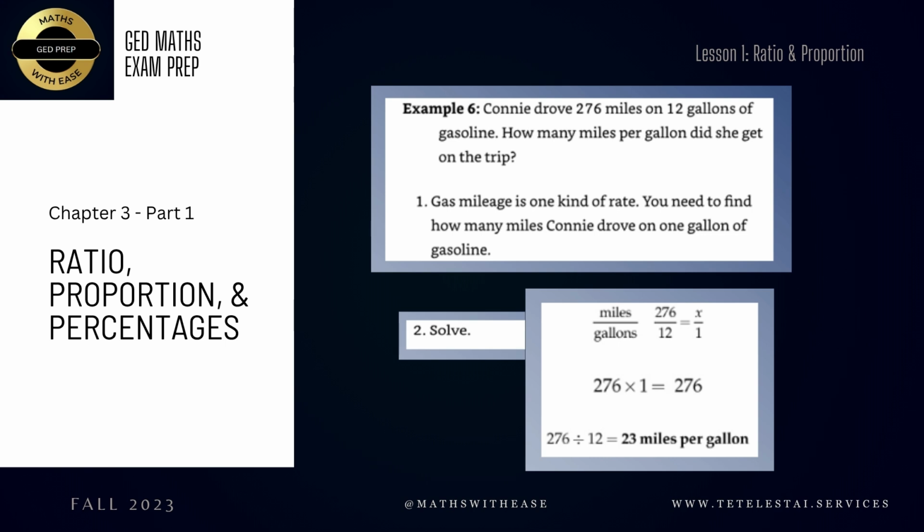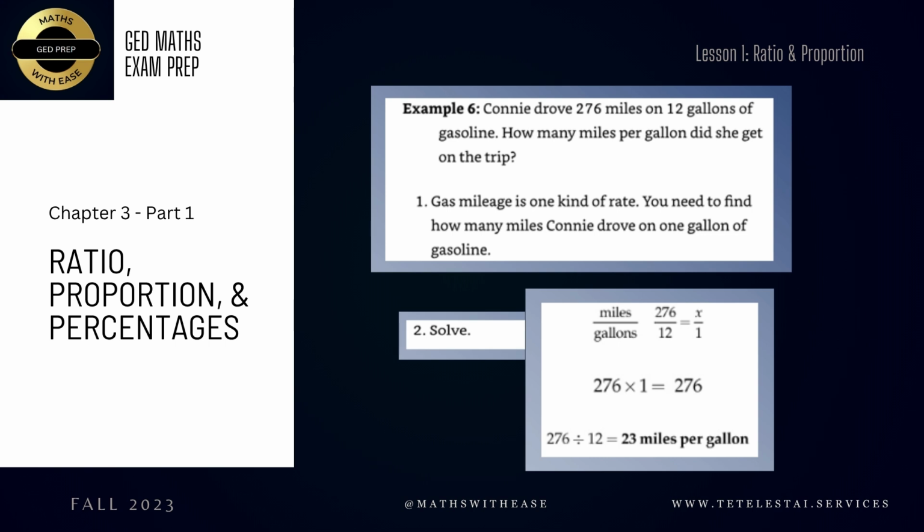So when you're writing down your proportions, not only do you want to make sure that you're following the order of the question, you also want to make sure that your proportions match. So here, 276 is the number of miles. And then X on the right-hand side is also the number of miles, because remember, the question is asking us how many miles.